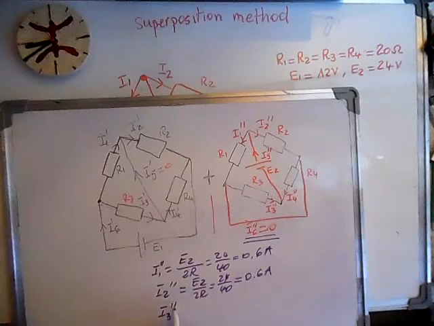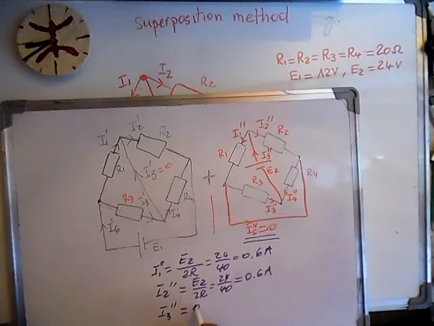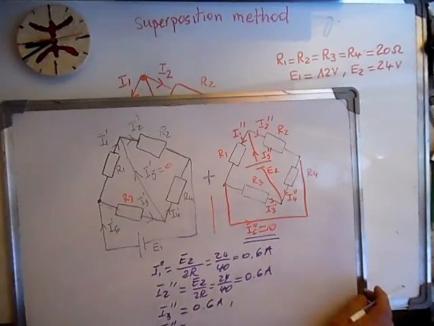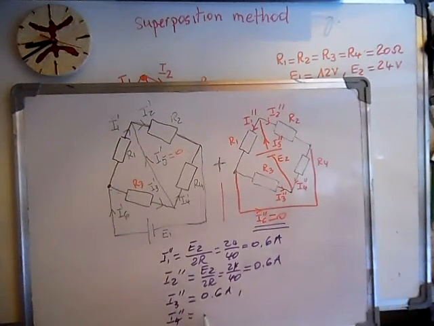I3 second is equal to I1 second, so it is 0.6 amp. Here it has the same sign as I4, so it's 0.6 amp.